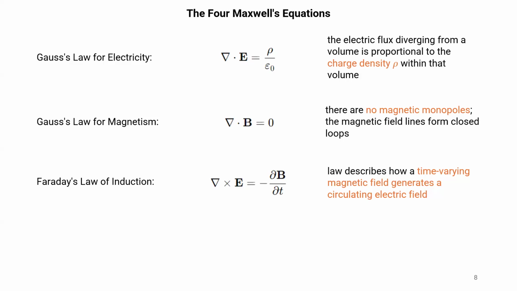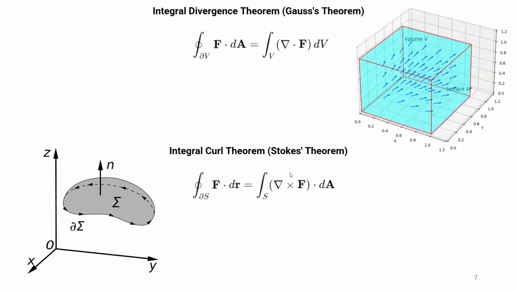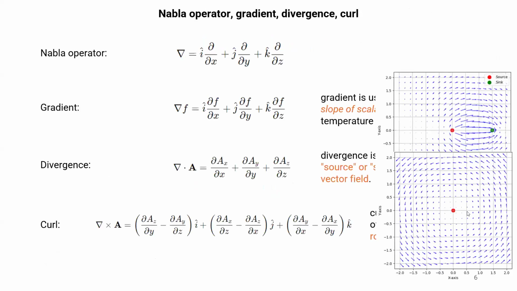Could you explain it again, like what curl is? Curl means it has the shape like this. It gets a vortex. Curl means it rotates around some point, something like this.